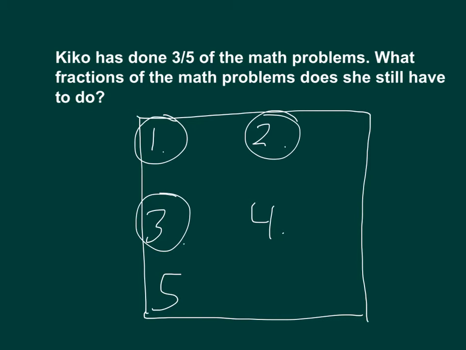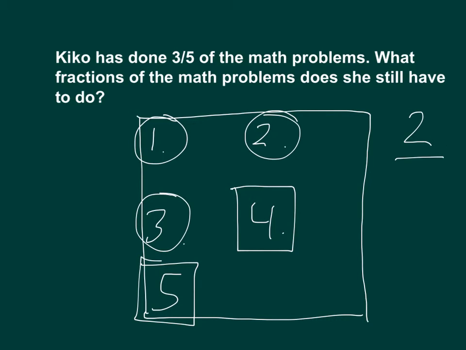So how many does she have left over here? And as you can tell, she would have 2/5. So she still would have 2/5 to complete.